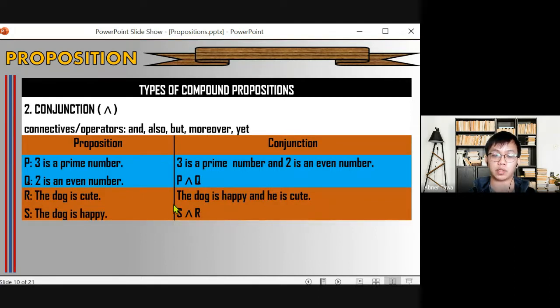So the symbol for that is, the dog is happy, that is S, we have here. And then the symbol for he is cute is R, so S and R. So we read this as S and R. So we read this like P and Q. Okay, so that is for conjunction. Nakuha ba ang conjunction?